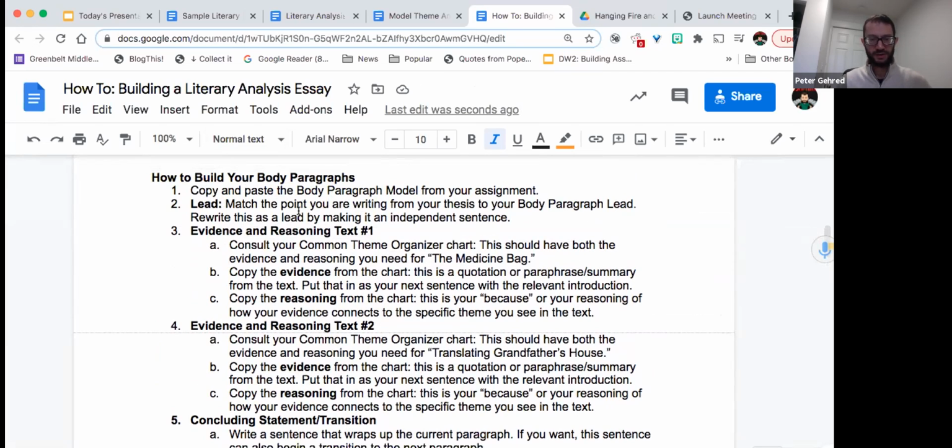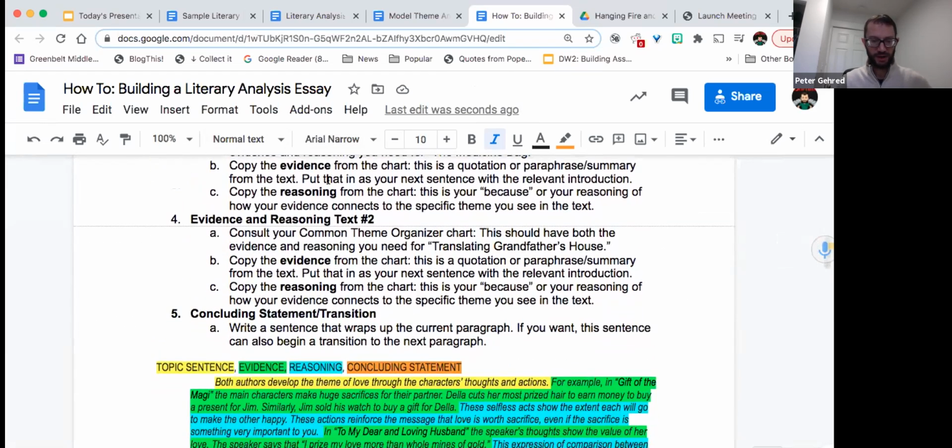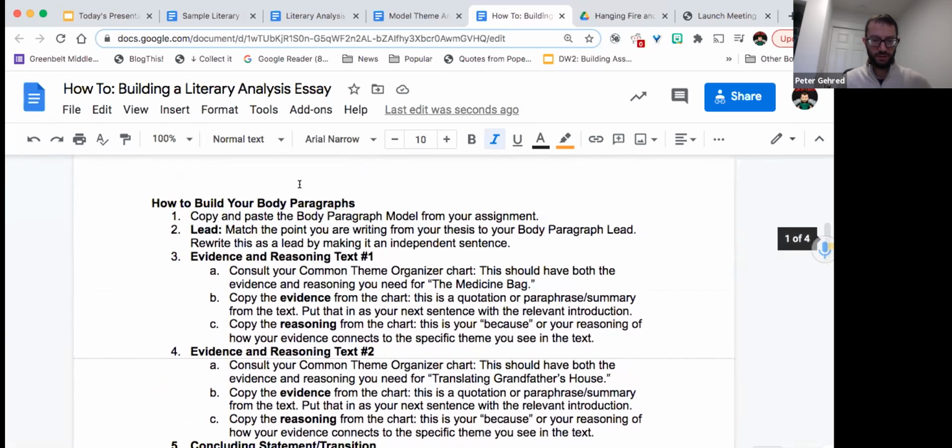Lead. This is our topic sentence, the one in yellow. What we want to do is match a point you're writing from your thesis to your body paragraph. Rewrite this by making it an independent sentence.